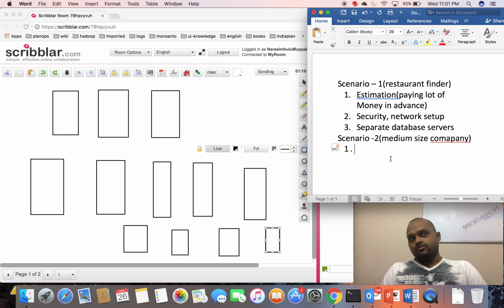right? Wouldn't it be great if there was a solution that could offer you some computing power and some storage and some database storage? So for your application deployment, you could request how much computing power you would need. Okay, if I say that I would need only two machines, each of 2 GB RAM, and so on.